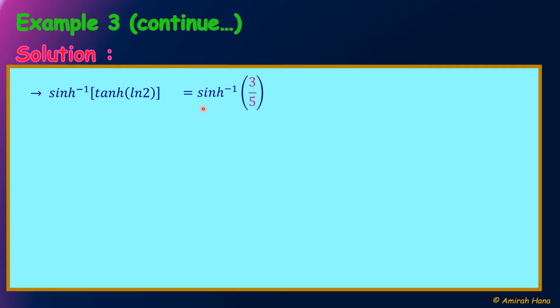To find the value of inverse sinh 3 over 5, we still cannot use a calculator, because without using a calculator means we need to use the definition of inverse hyperbolic function.